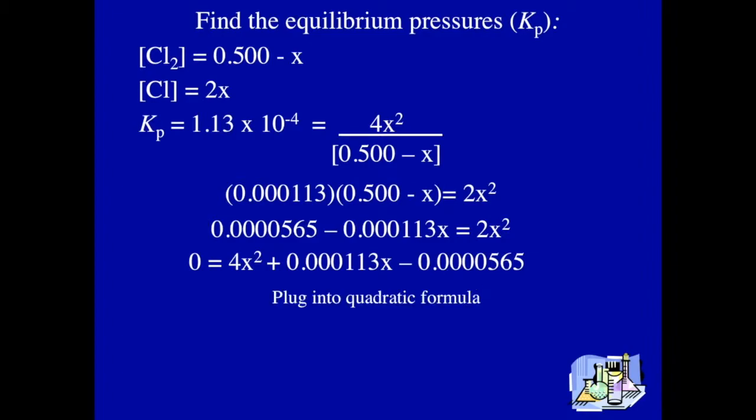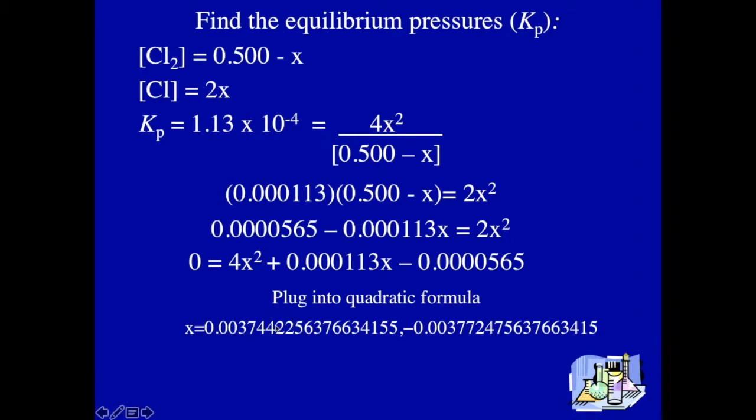Now, I didn't actually do the whole mathematical thing, but this is your A, this is your B, this is your C. And if you plug it into the quadratic formula, a lot of people know the song. You can go ahead and do that, and then we end up getting two possible values. Now, look, one is a positive, one is a negative. You can't have a negative pressure.